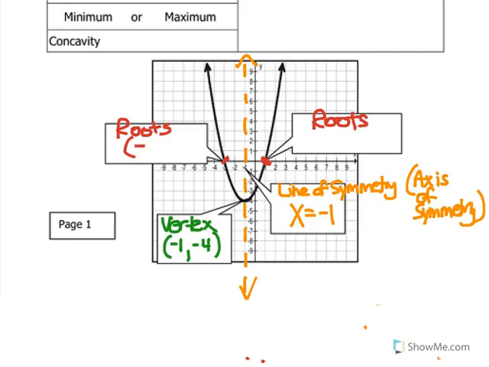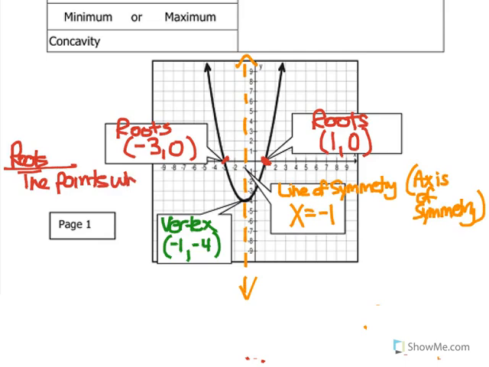The one on the left is -3, 0, and the one on the right is +1, 0. This is very important because you will see questions like this all the time. The roots are the points where the parabola, that's the shape of our graph, crosses the x-axis.